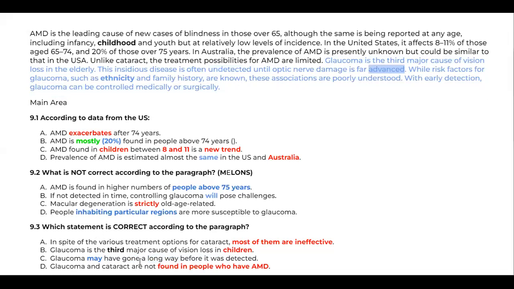So glaucoma may have gone a long way before it was detected means that before diagnosing this condition, it must have progressed a lot. Initially people don't understand whether the condition is really prevalent in that patient or not. It will take a lot of time. So we have found that out.